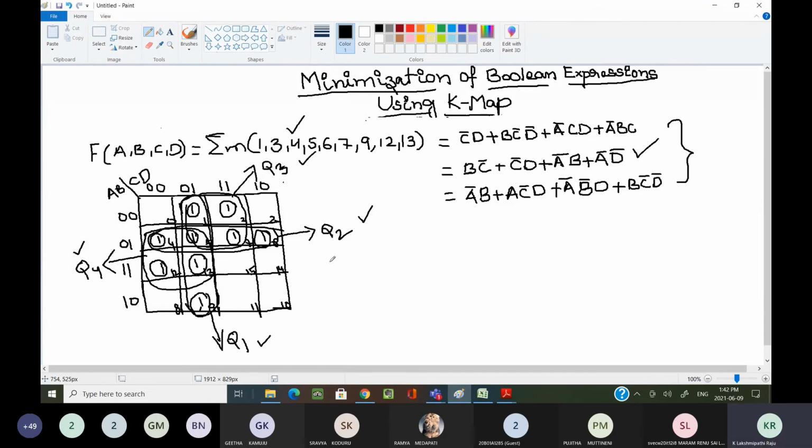Always our main aim is to reduce as many variables as possible. Some people may think, sir, only one min term is here. For this one min term's sake, can I form a quad? Definitely you can form a quad. Because if you form a pair, it can reduce only one variable, but if you form a quad, it can reduce 2 variables.